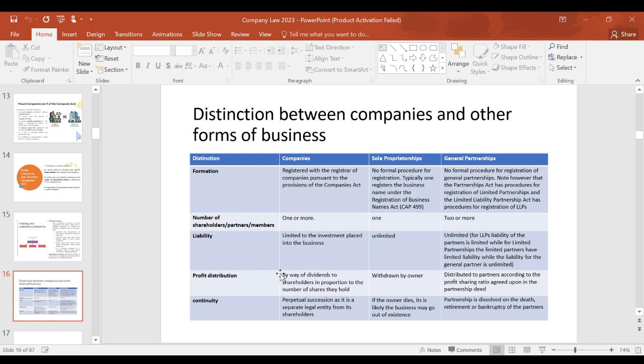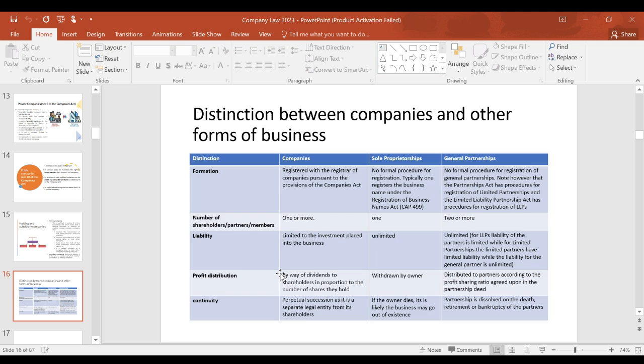The number of shareholders in a company depends. If it's a public company, it has no maximum number of shareholders, but it will have a minimum of two; one or more, if it's a private company. And if it's a sole proprietorship, it only has one person running that kind of business. And if it's a general partnership, then it has to have at least two or more members.